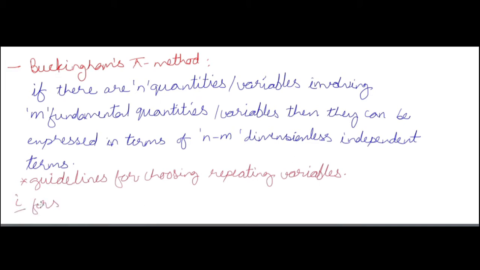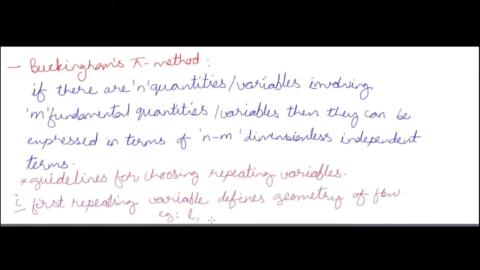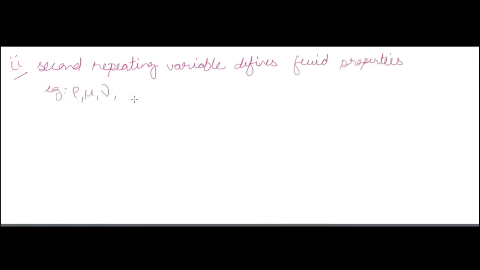The first repeating variable defines the geometry of the flow, meaning length, breadth, height and depth, or diameter, anything. The second repeating variable defines the fluid properties, meaning density, viscosity and surface tension.